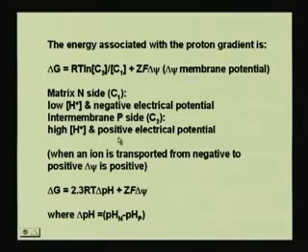So, when you are looking at the delta G values, you have an RT ln. What is your product in this case? It is going to the intermembrane side, so it is C2 by C1. You have a ZF delta psi, which is nothing but your nFE.